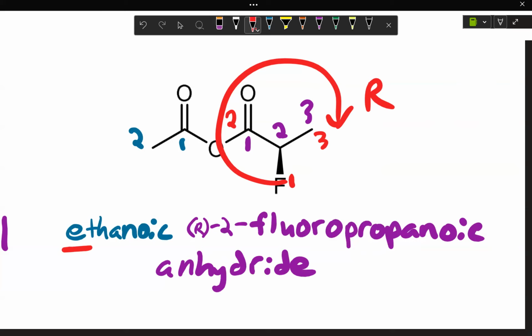So E comes before P in the alphabet, so that's going to come first. And what I mean by alphabetical is alphabetical of the carbon chain. So the carbon chain is eth, and then this carbon chain is propyl. That's how you order them. So that's how you name anhydrides. Name each side with -oic at the end, and then space in between them, and then space anhydride.